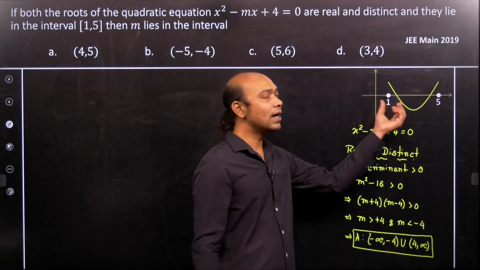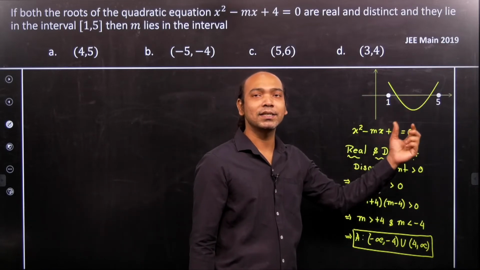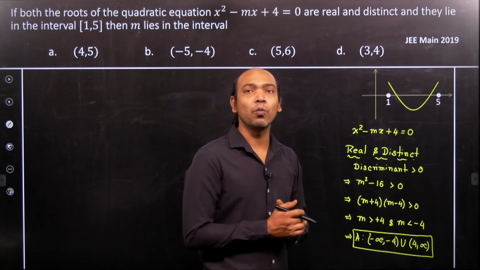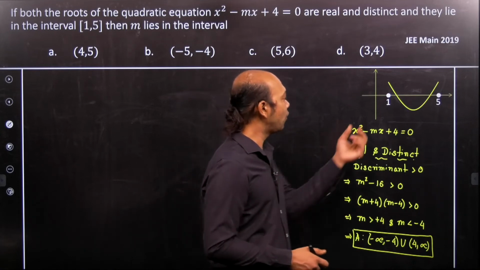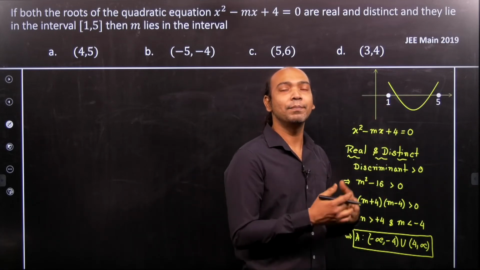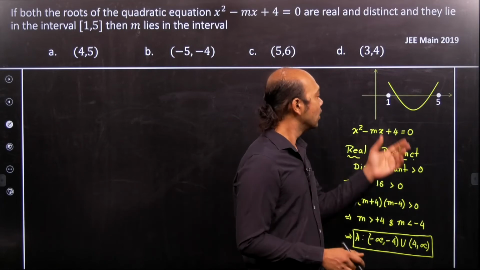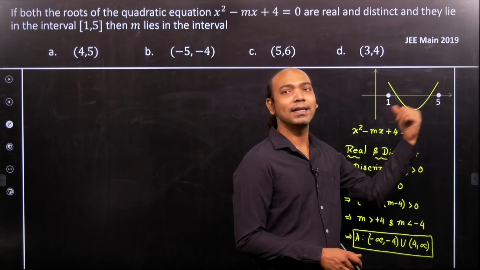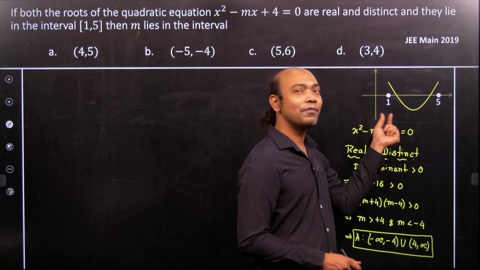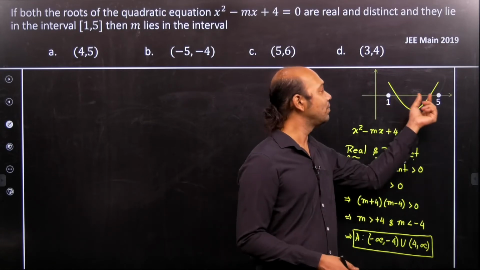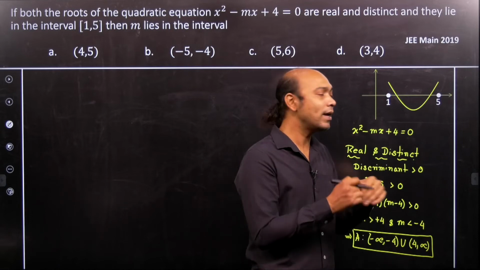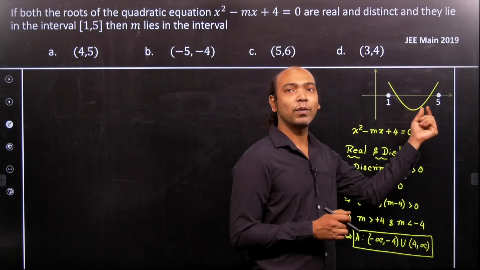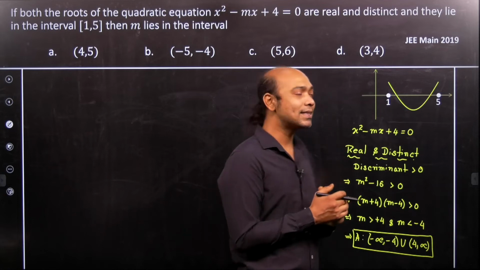But see that here we haven't considered the condition stating that the roots lie between 1 and 5. Now consider alpha and beta as the roots of this equation. Alpha is greater than 1 and beta is less than 5. If I consider alpha minimum 1 and beta maximum 5, what is the midpoint? The midpoint definitely lies between 1 to 5, right? That will be the second condition.